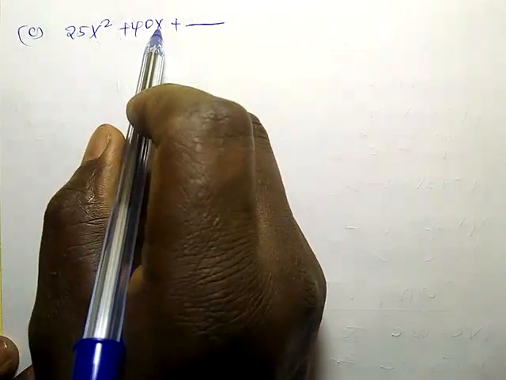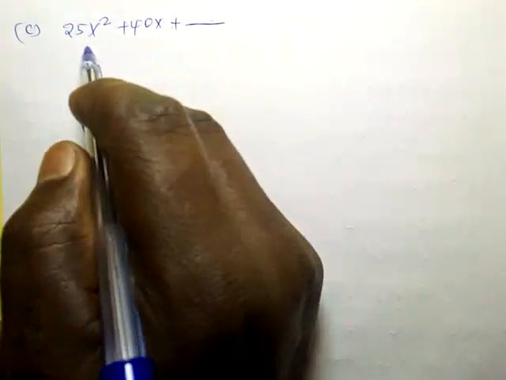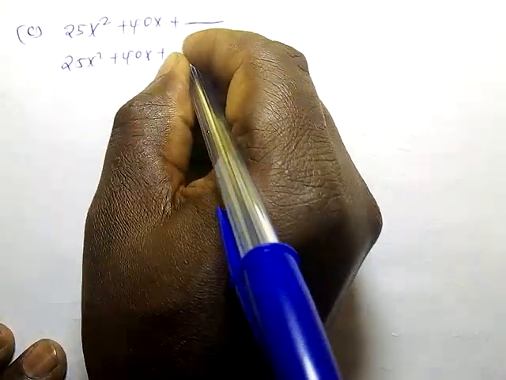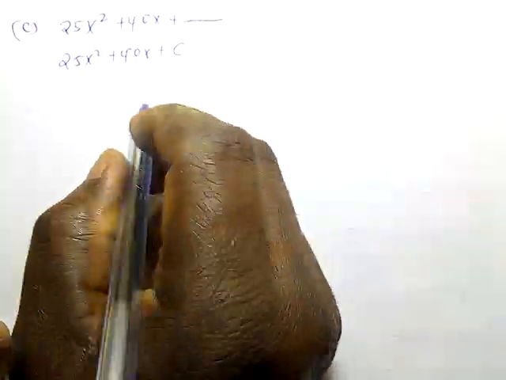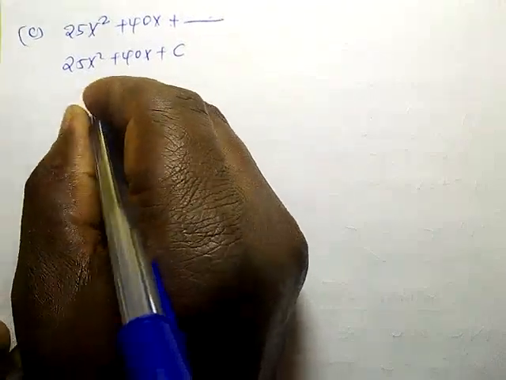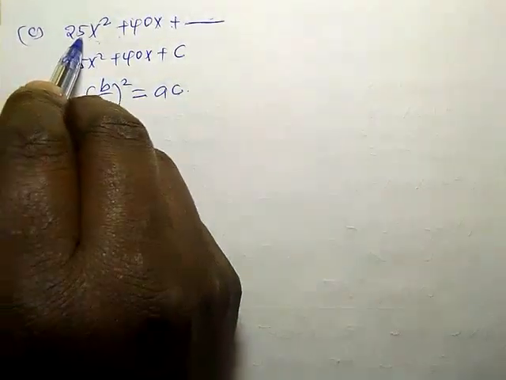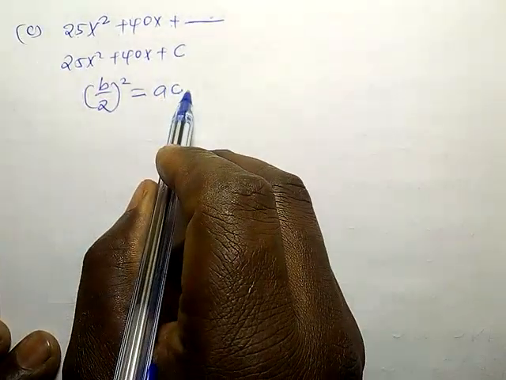25x squared plus 40x plus a constant is missing. So what must be added here to make it perfect? So this one is a constant. So 25x squared plus 40x plus c is a perfect square. So if it is a perfect square, it means that (b divided by 2) squared equal to ac. Why ac? Because the coefficient of x squared is more than 1. So that's why we have ac.